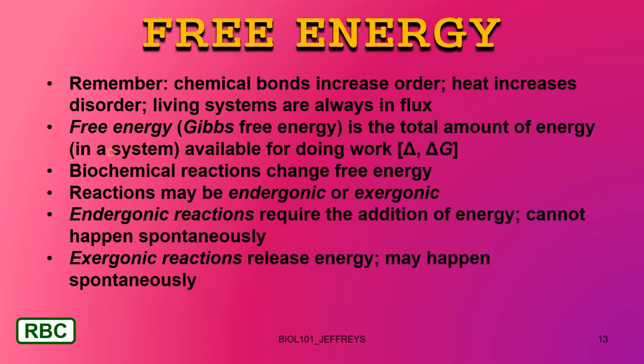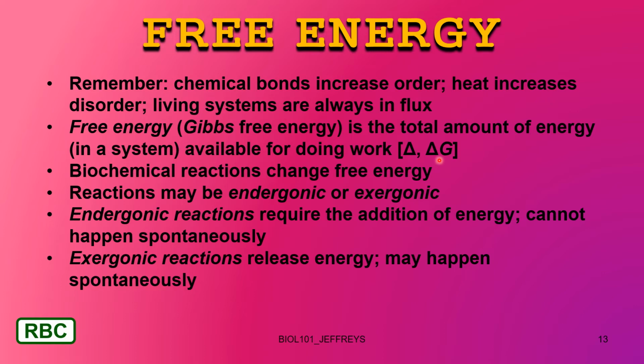We have another term for energy. It's called free energy. We also refer to this as Gibbs free energy, named after the person who first described this type of energy. We generally just refer to it as free energy. It's the total amount of energy in a system now available for doing work. It's frequently abbreviated delta G. That stands for the change in Gibbs free energy.